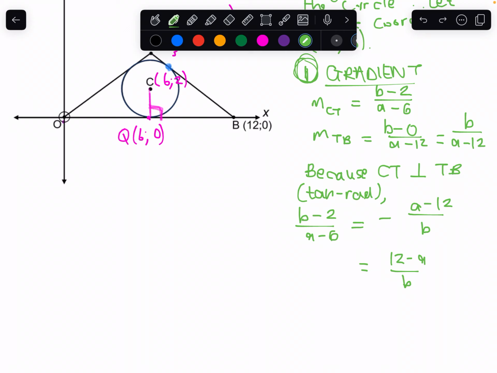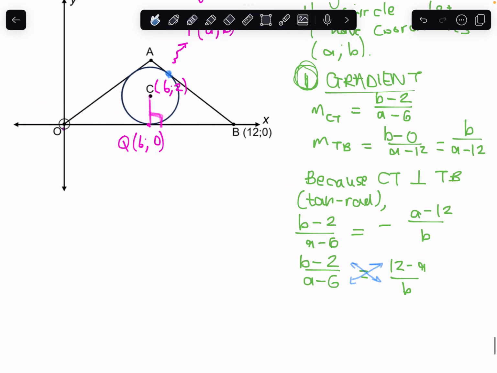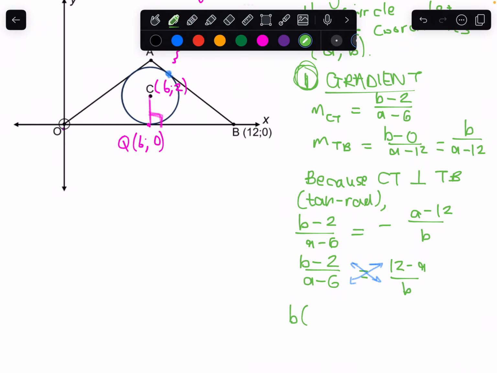Anyway, okay, right, so b minus 2 over a minus 6 is equal to that, and if we then cross multiply, we end up with b times b minus 2 is equal to a minus 6 times 12 minus a.